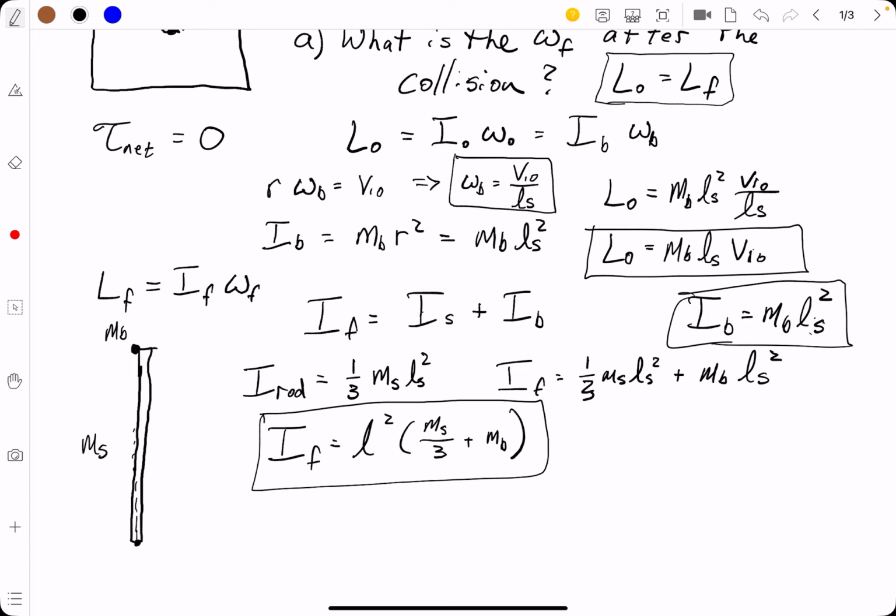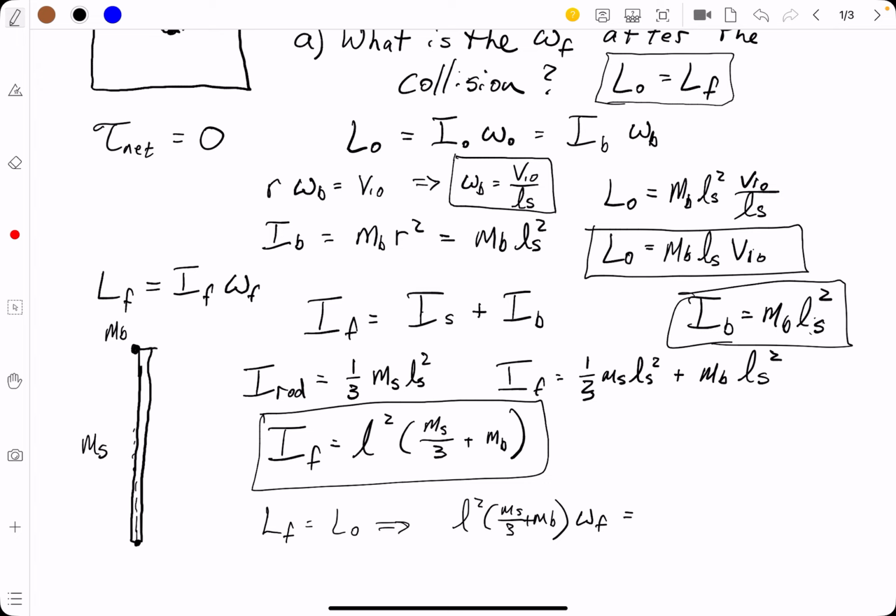L final equals L naught, L initial. So I have I final, L squared times MS over 3 plus MB, times omega final.